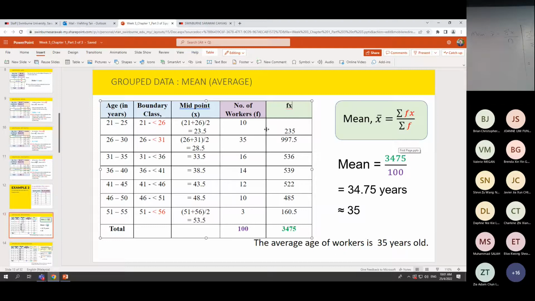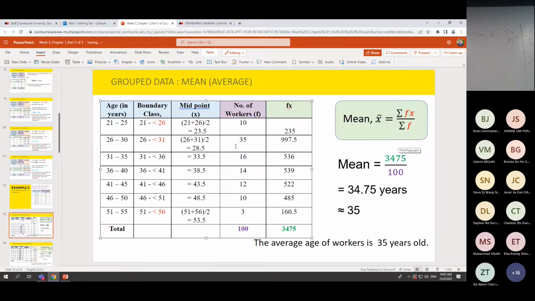We use 10 multiplied with the x, which is now 23.5. You simplify, you get 235. The answer is 235.